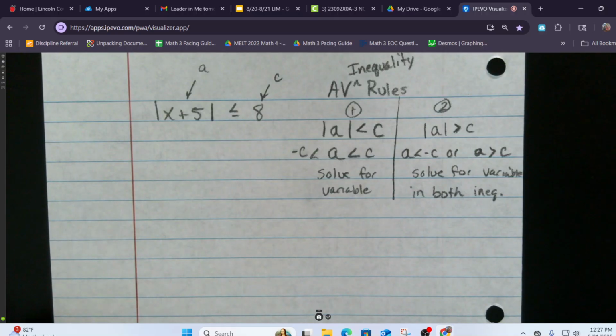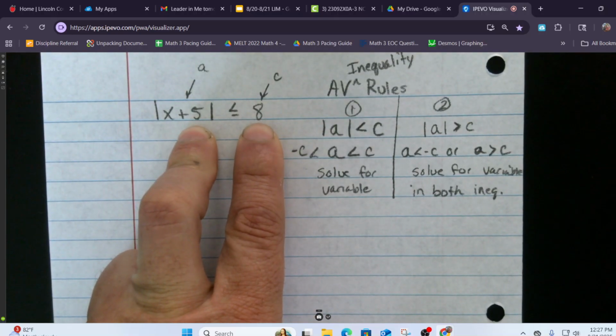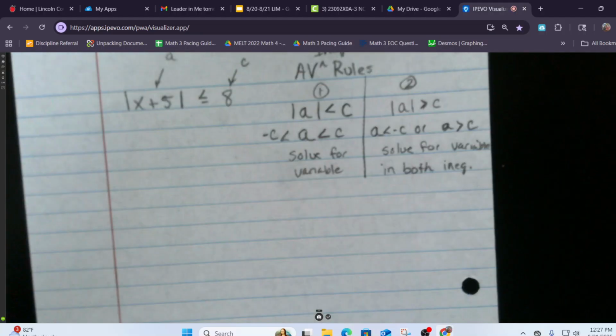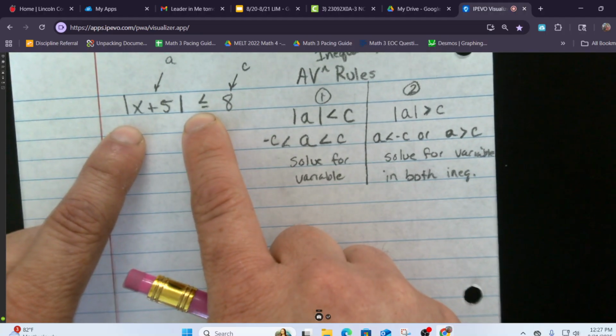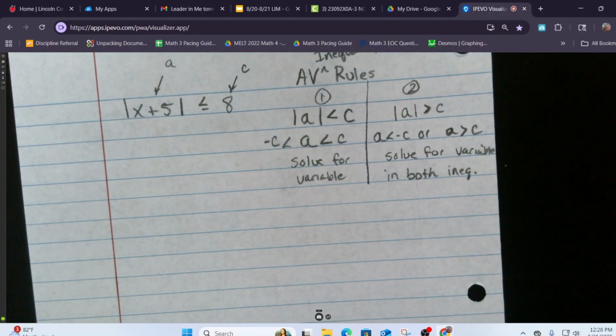I mean, you don't have to tell me, but guys, just make sure you know what to do from here. If you know what you're doing, probably what you're saying here is I need to go ahead and set my rule up, right? Because the absolute value is alone. All right, and it's less than. Does the equal to have anything to do with the rule? No, that's just not for the scope of this class. If you were putting it on a number line, it'd just be colored in. But we don't care about that.